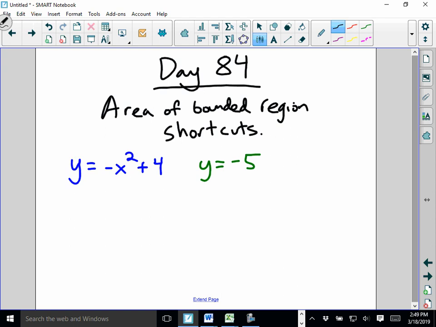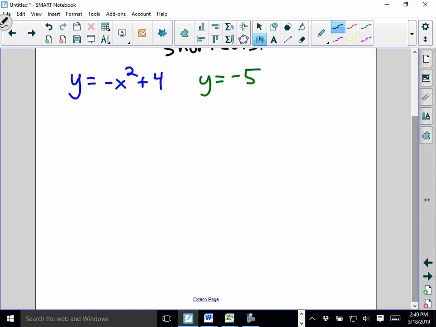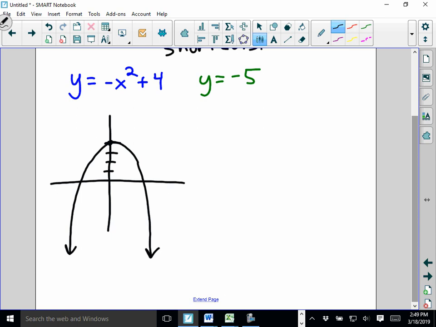So if we take a look at a graph, we know that negative x squared plus 4 is a downward facing parabola that goes through 1, 2, 3, 4. So it looks something like this. Sorry, I should have done that in blue.